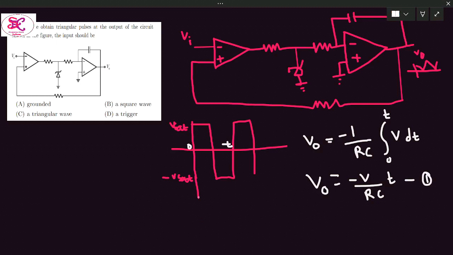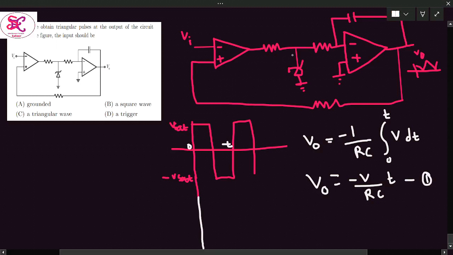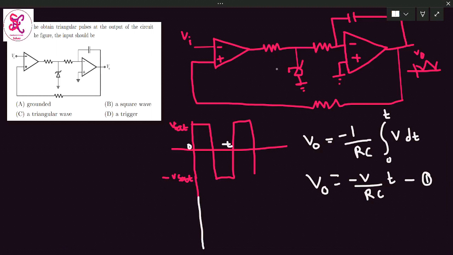From equation 1, the input to the integrator is at the inverting terminal, and it is a square wave coming from the comparator. If you put plus V saturation here, we get minus V saturation by RC into T. So this is like a ramp signal.